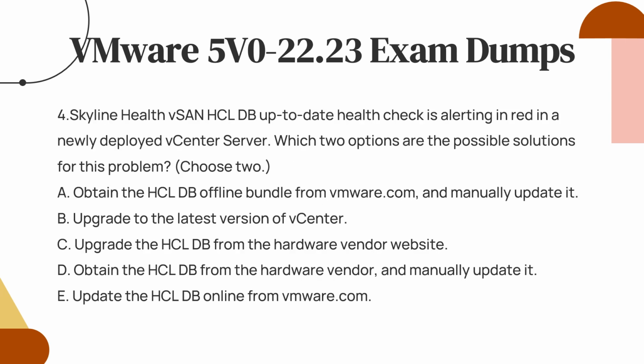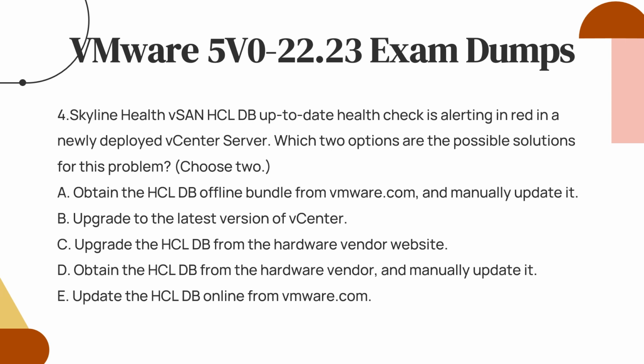4. Skyline Health vSAN HCLDB up-to-date health check is alerting in red in a newly deployed vCenter server. Which two options are the possible solutions for this problem? Choose 2. A. Obtain the HCLDB offline bundle from VMware.com, and manually update it.